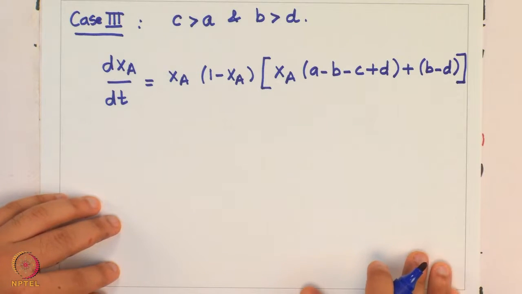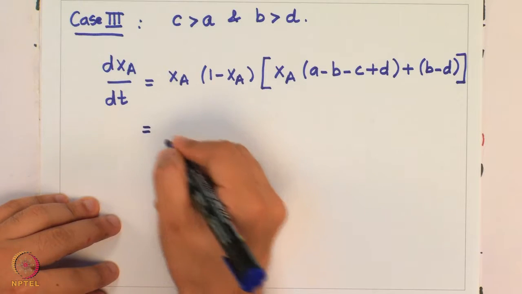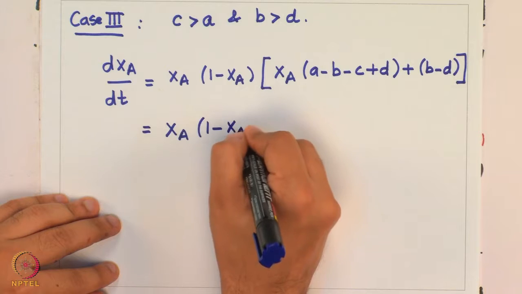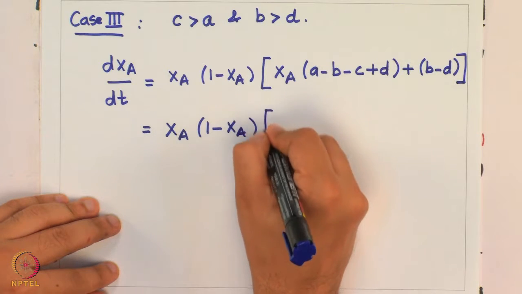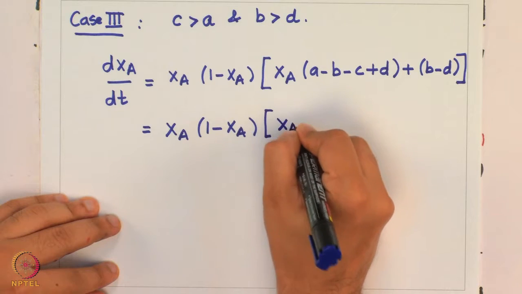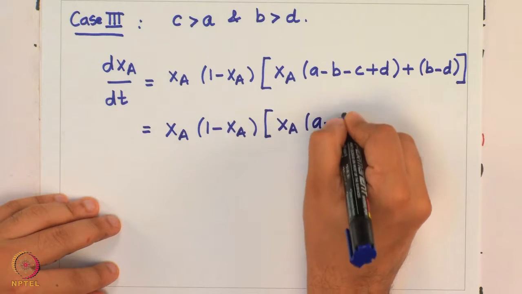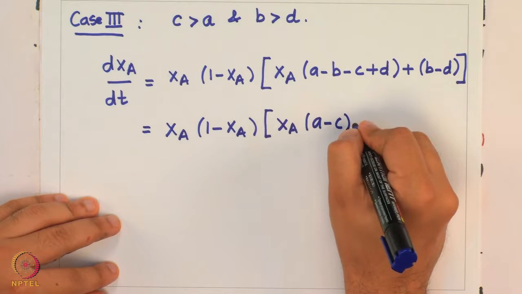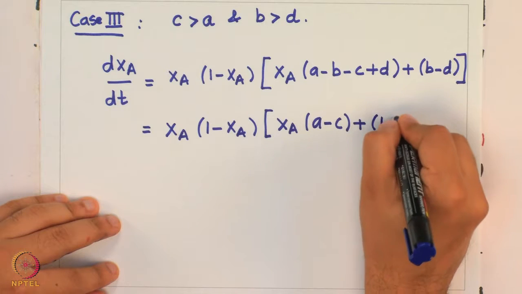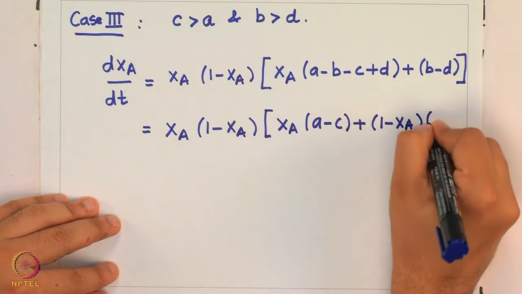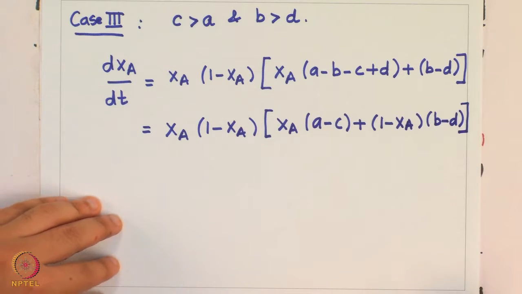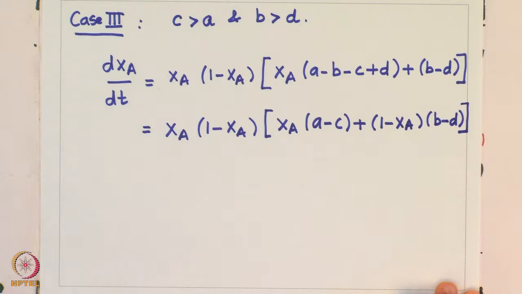That is the dynamical equation that I have, and I can write this as xA times (1 minus xA) times [xA(A minus C) plus (1 minus xA)(B minus D)]. That's essentially what we are talking about here.